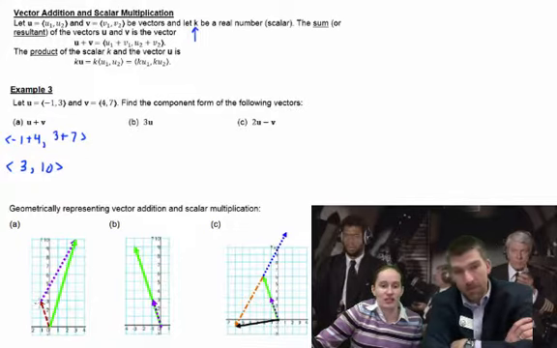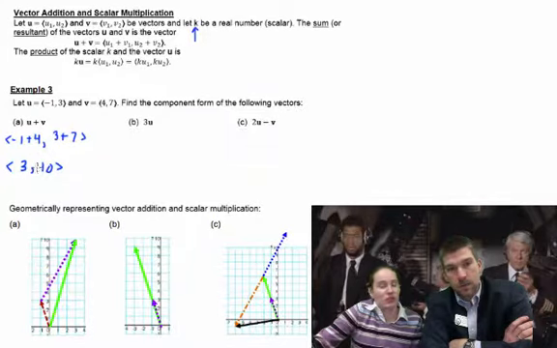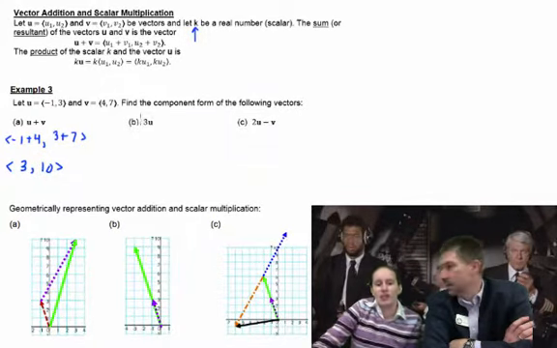You stick the tail of the second vector at the head of the first vector, and then you draw out that vector, which was 4, 7. So right 4, up 7. And so the resultant vector, the result of this addition, is the line from the very first start to the very last end, that bright green one. And if you look, this really is 3, 10, which is what we got.